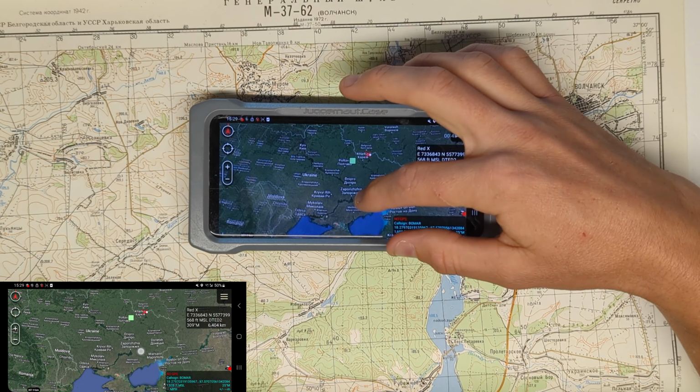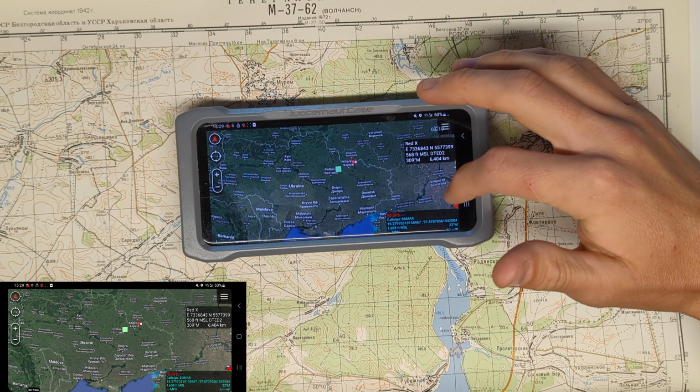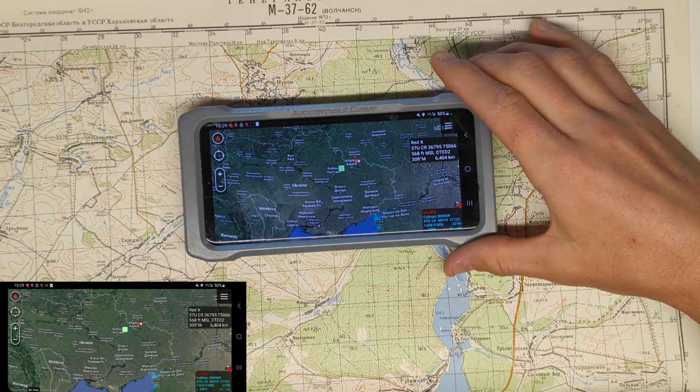Now, this is important because on the Ukrainian side, you have a lot of young guys that are interested in things like TAK, NATO standard stuff, TCCC, and so they're really digesting things like MGRS quite well.